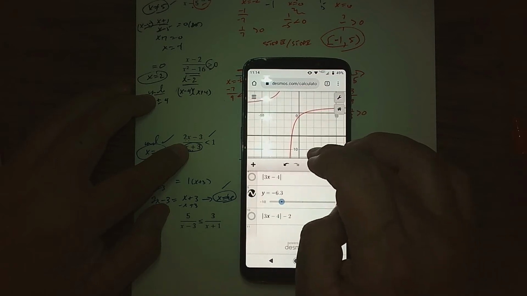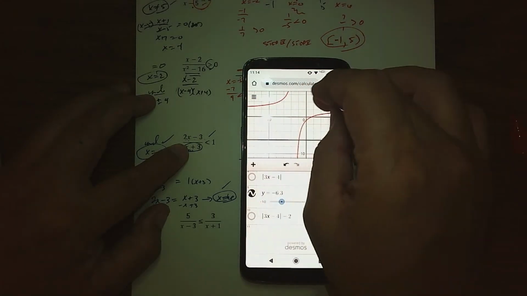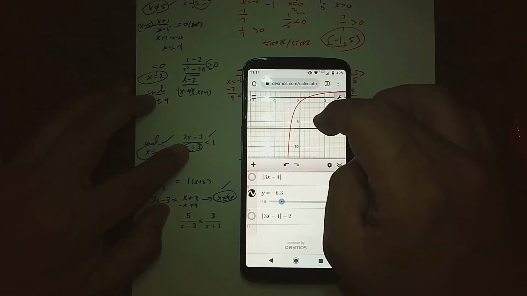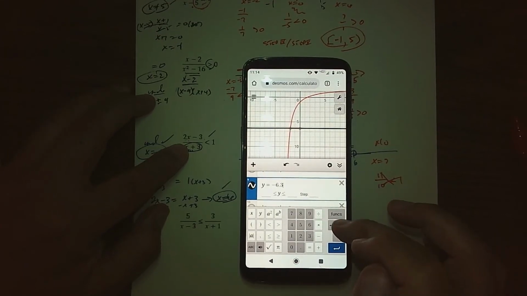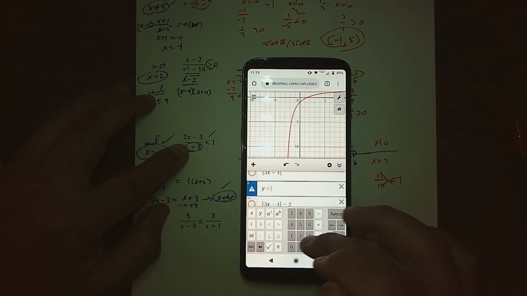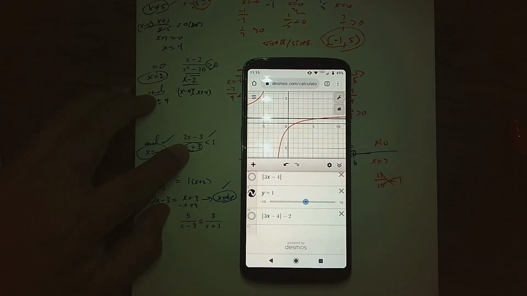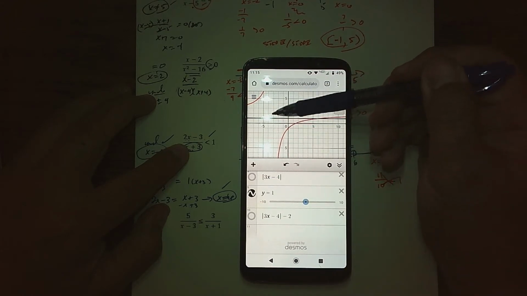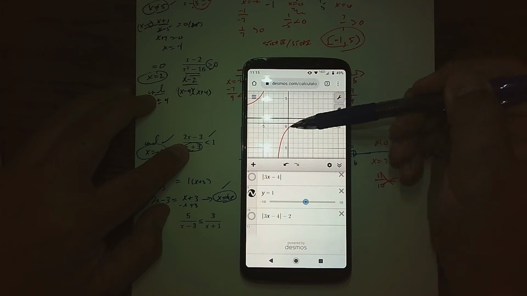There we go. So there's that graph. Oops, I have the wrong value. That should be 1. Just thought something was a little weird there. This is 1. There we go. So we can see that at -3 there's a definition problem. And here's y equals 1, and here's the function.